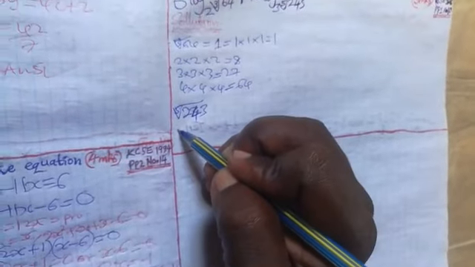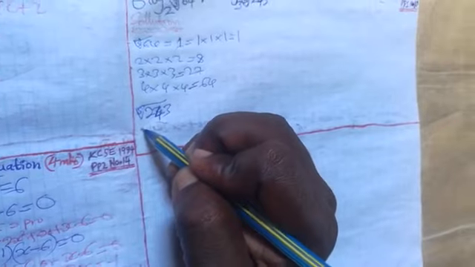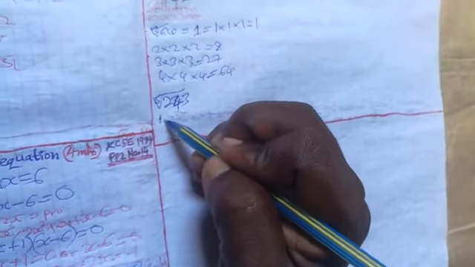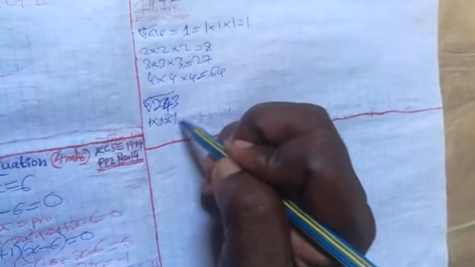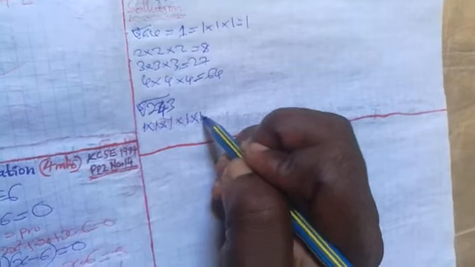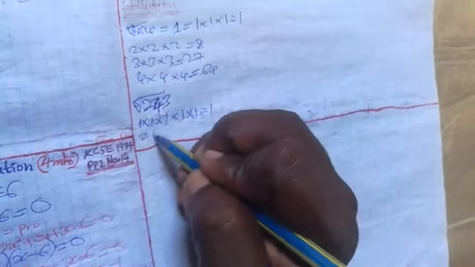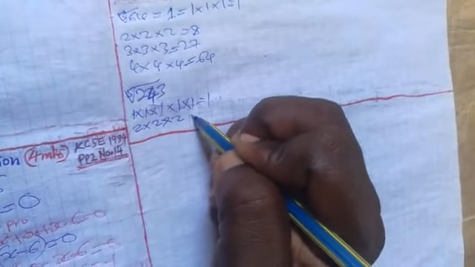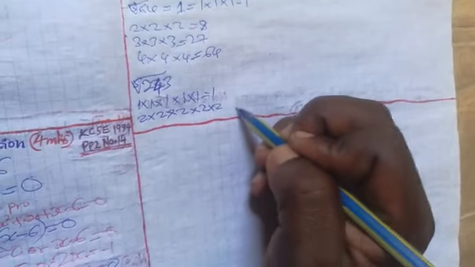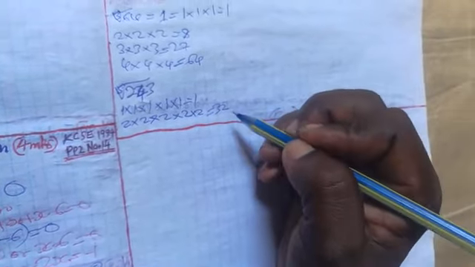We try number 1, multiplied by itself 5 times: 1 times 1 times 1 times 1 times 1, that is 1, 2, 3, 4, 5. This is 1. Now 2 times 2 times 2 times 2 times 2 gives us 32.